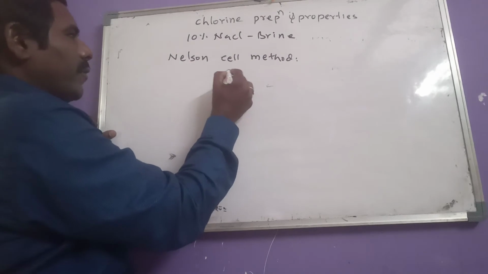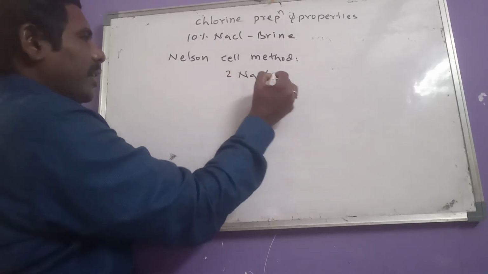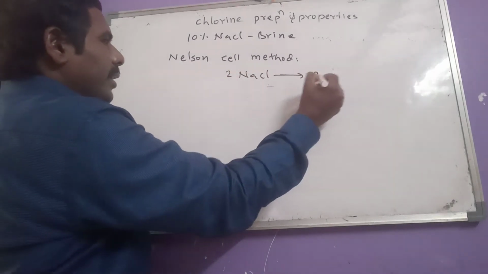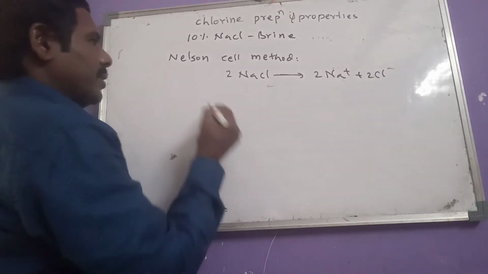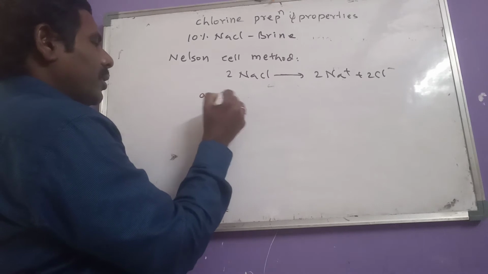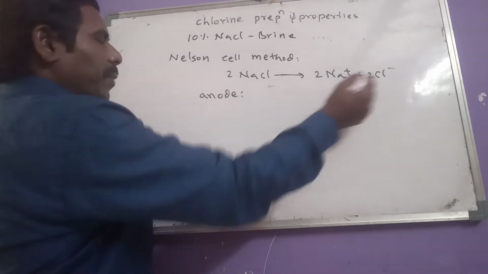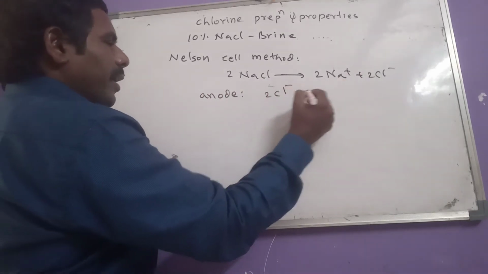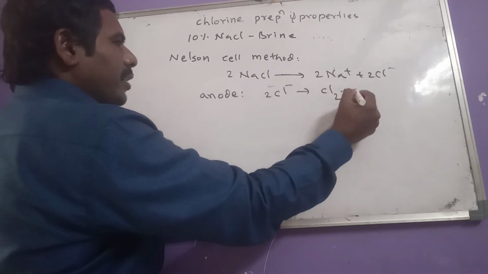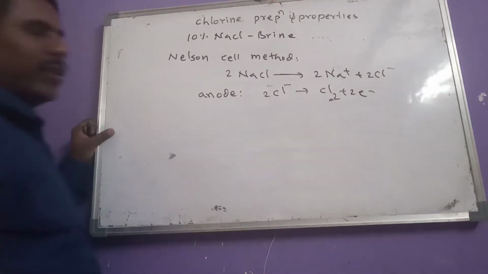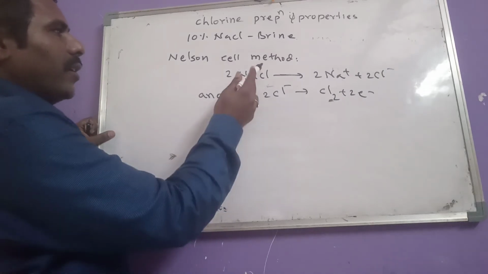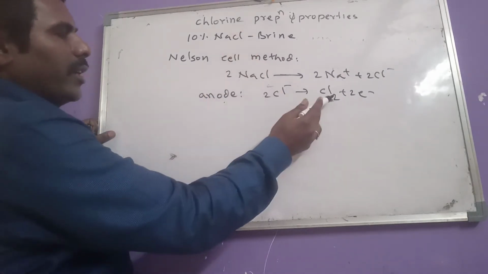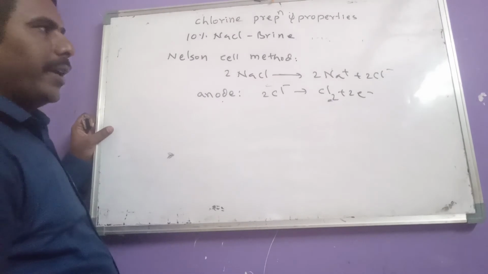See here, what is that method? Brine solution when subjected to electrolysis gives Na plus and Cl minus ions. At the anode, what is the reaction taking place? Cl minus undergoes oxidation to give chlorine. So at the anode, in the electrolysis of brine solution, chlorine is obtained.